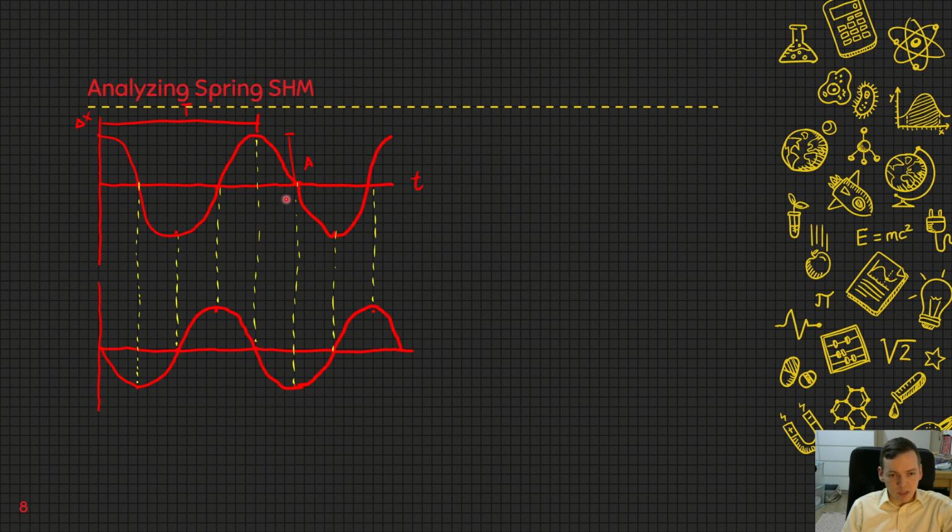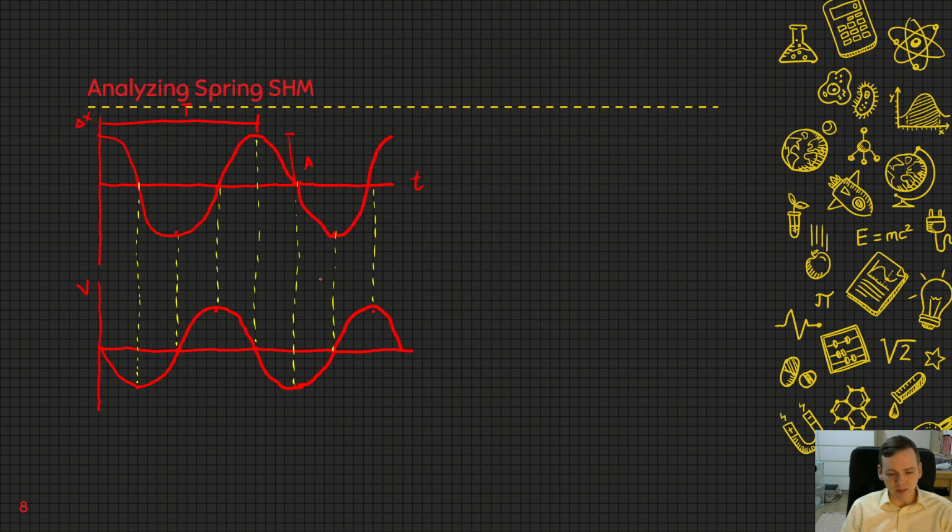And that makes sense when we talk about energy, because if I have 0 displacement, that means none of the energy is in the spring. All of the energy is in kinetic energy. So that's where we get the maximum velocity, because remember, again, this is V. Whenever I'm at the maximum displacement, that's when I have 0 velocity, because all the energy is stored in the spring.